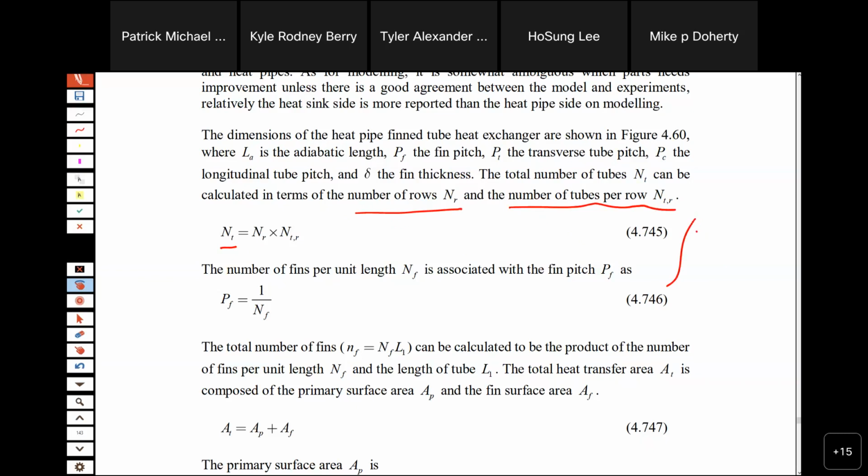Whatever, define the number of rows and how many tubes, then multiply, yeah, something like that.